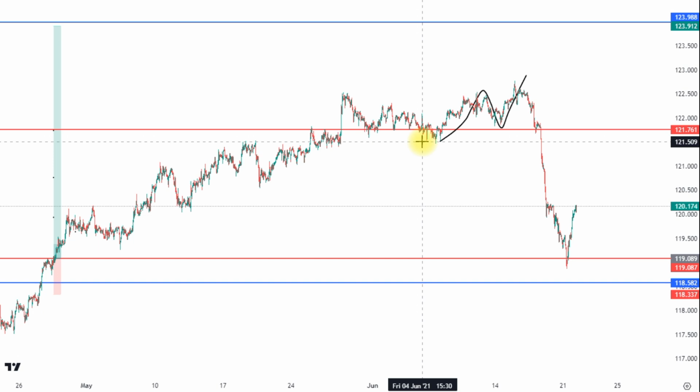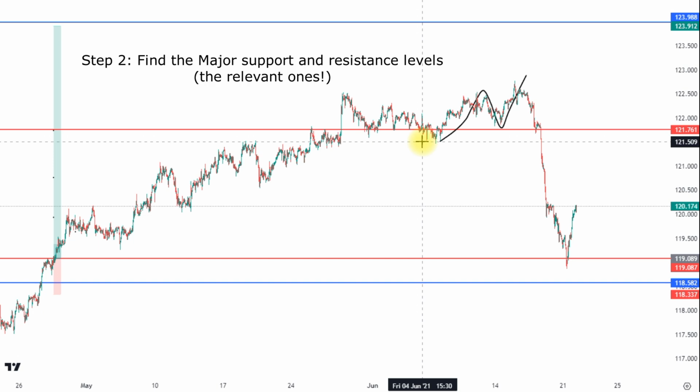Because of course, within the overall trending direction, there's a lot more room to make big profits than in the pullback direction. Of course, depending on the strategy, you can also have a pullback trading strategy. Then it's of course the opposite way around. Also in that case, it's best to take a look at the bigger picture first. So step number 2 is to identify the major support and resistance levels.